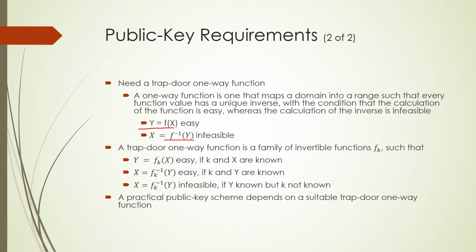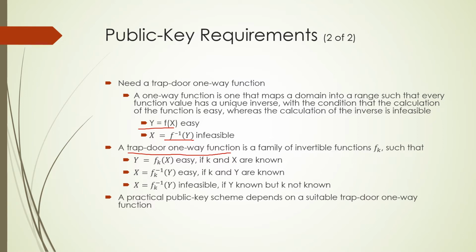Now, in order to make a public key crypto system, we need to have a trapdoor one-way function. It's a special type of invertible function such that if you know a piece of information, which we call the key, the f inverse would be feasible and easy to calculate as well.